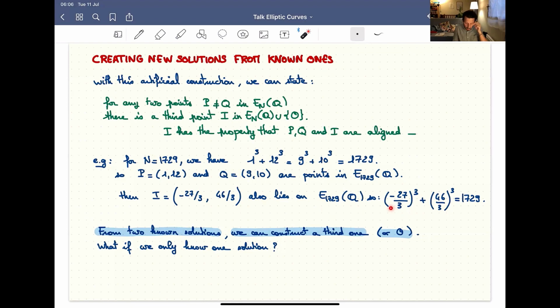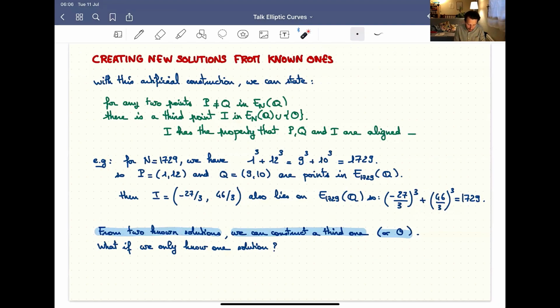It says that (minus 27/3) cubed plus (46/3) cubed is 1729. I think there's a mistake here because 27 over 3 should be simplified. Yeah, I must have made a mistake somewhere.